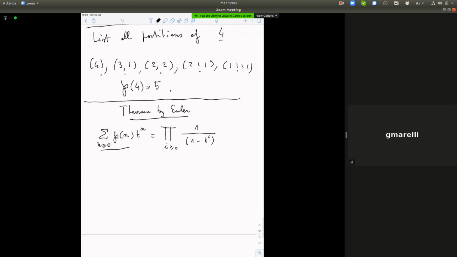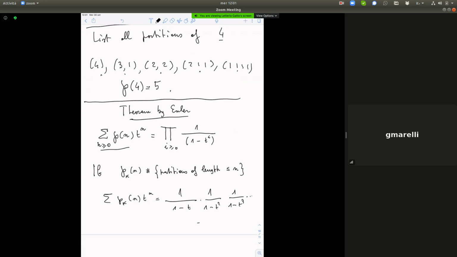For instance, I claim if Pkn is the number of partitions of length smaller or equal than k, it is fantastic that the sum of Pkn tn is just this: 1 minus t, 1 minus t squared, 1 minus t cubed, up to 1 minus t to the power k.